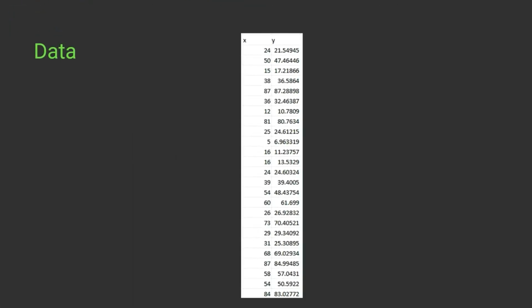So suppose we are given this data x and y, where x is the input value and y is the output value. These x and y could be anything. For example, x is the experience of an employee and y is the corresponding salary. Although there are many components in predicting the salary of an employee, let's just take an example where we have only two parameters, one input and one output.